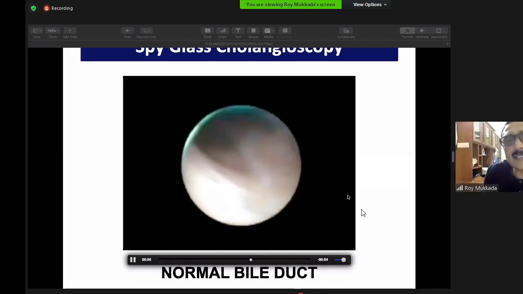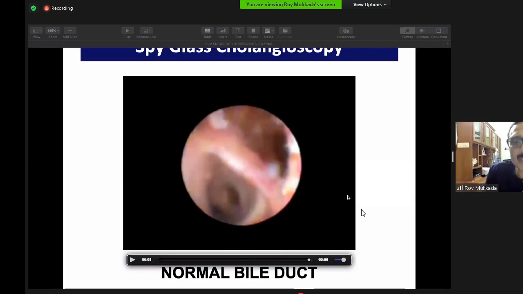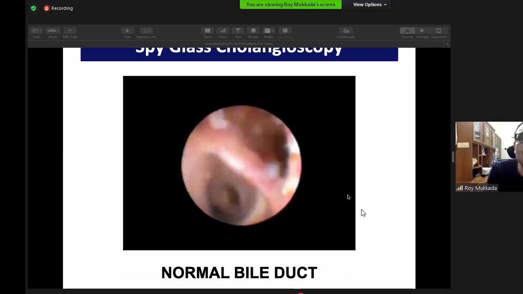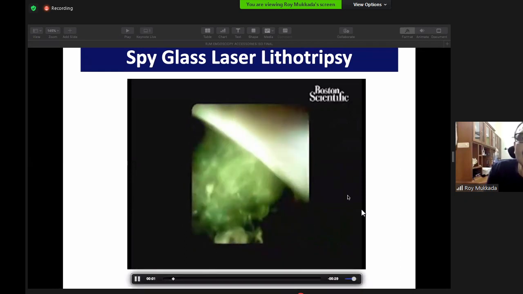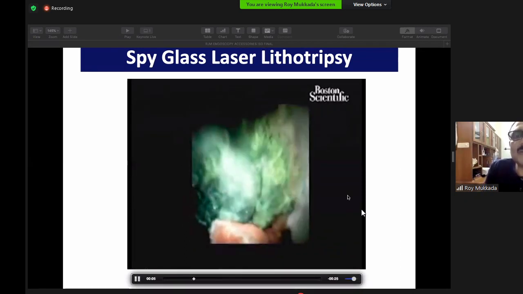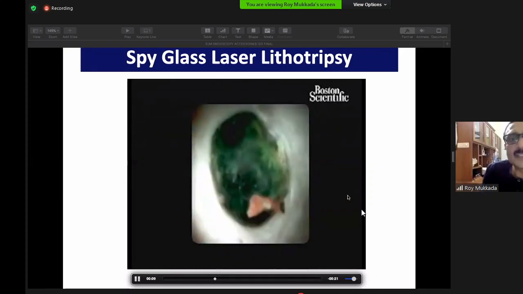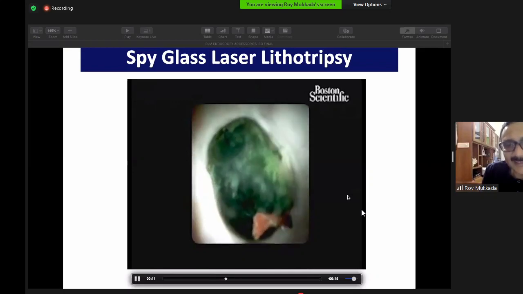Whenever there is an indeterminate stricture, you can take biopsies. Earlier we used to take brush biopsy or blind biopsies, but now with the advent of the SpyGlass, we can take biopsy by visualizing the lesion. What is this procedure which is shown? It's already written there.